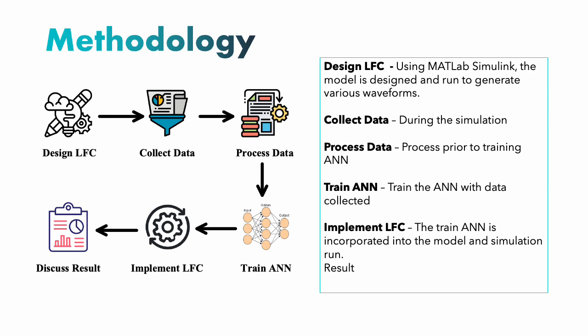Then the data which was generated was processed to make sure that we do not have any extreme values that will affect our training. Then the processed data is used in training the ANN in MATLAB Simulink.